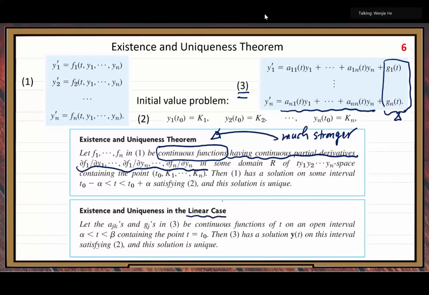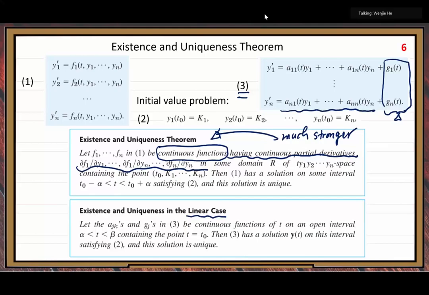Let the AJKs and the GJs in equation 3 be continuous functions of t on an open interval alpha less than t less than beta containing the point t equals 0. Then 3 has a solution y of t on this interval satisfying the initial conditions, and this solution is unique.